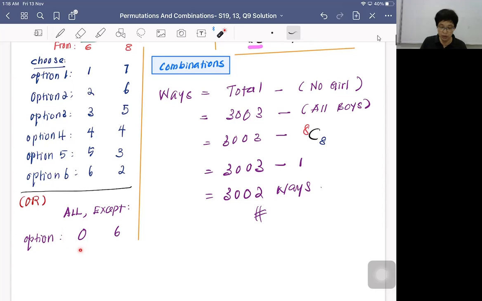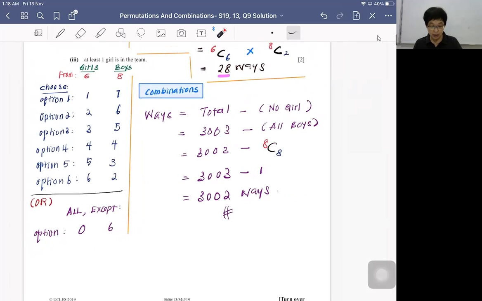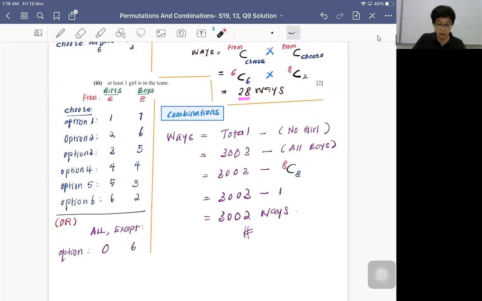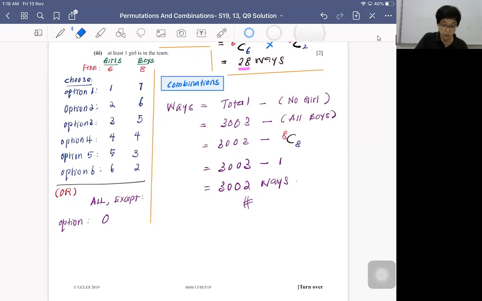Except when no girl is chosen and all 8 places are taken up by the boys, with no girl at all in this choice.